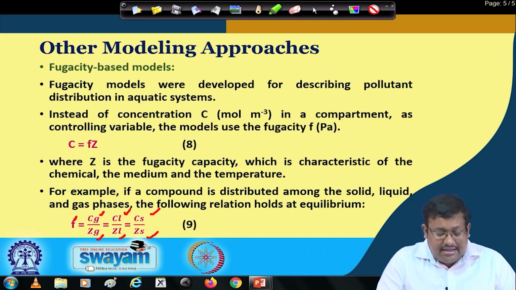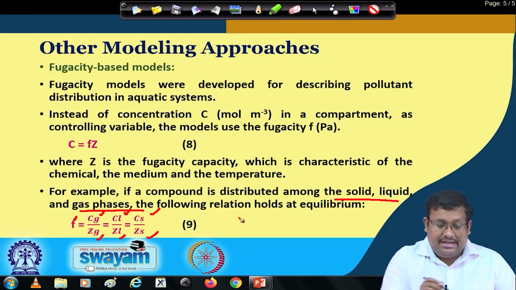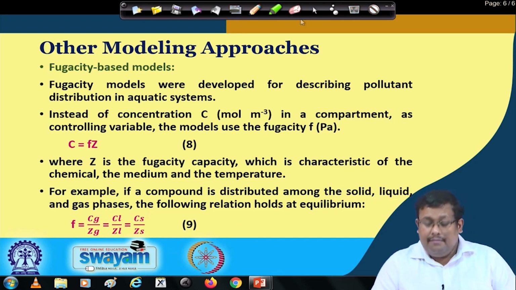So, this relationship holds when a compound is distributed among the solid, liquid and gaseous phases, and we can represent the fugacity in terms of this relationship for these 3 media.